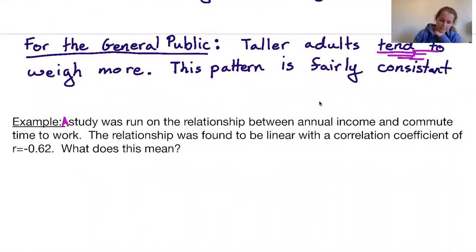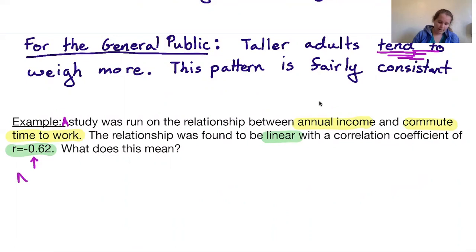So again, we're looking at annual income versus commute time to work. I didn't specify the population in this study. We have a linear relationship and a correlation coefficient of R equals negative 0.62.